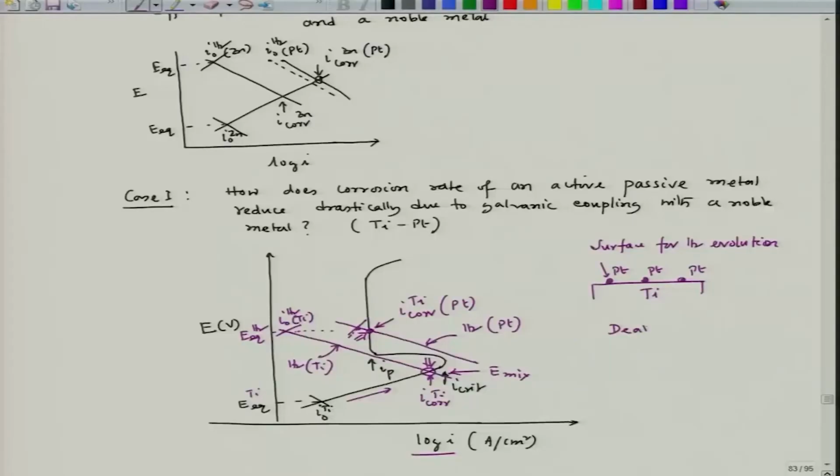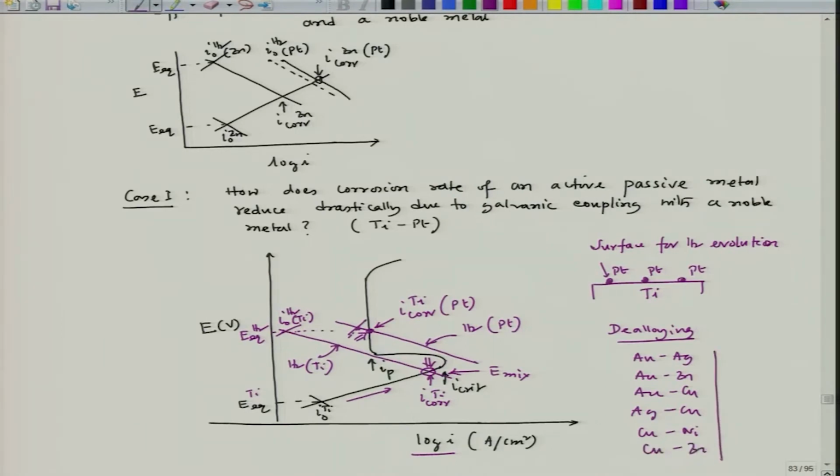So, titanium dissolves, leaving behind a platinum enriched zone on the surface. Now, this is a particular phenomenon called de-alloying, which happens in case of gold silver, gold zinc, gold copper, or Ag copper, even copper nickel, or copper zinc.